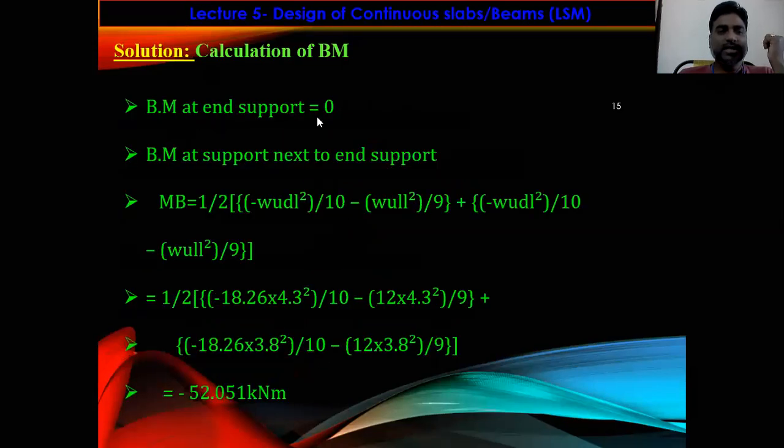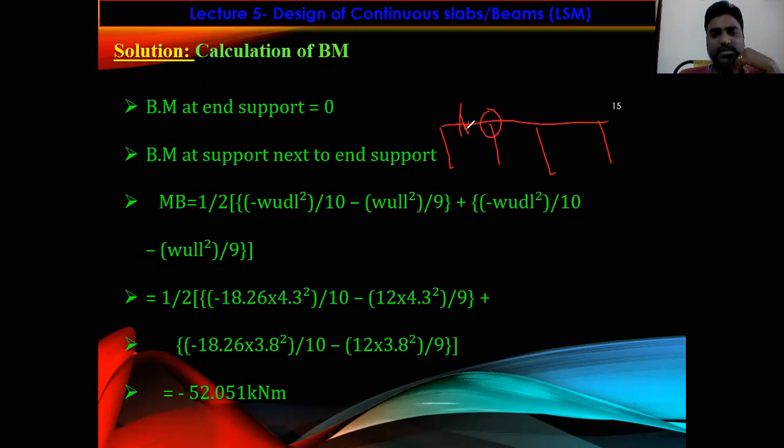Now the bending moment at the end support is equal to 0. So for the bending moment at the support next to the end support, you have to take half of the moment from each span. There are three spans. So at the support next to the end support, 50% of the bending moment will come from this span and 50% from this span.